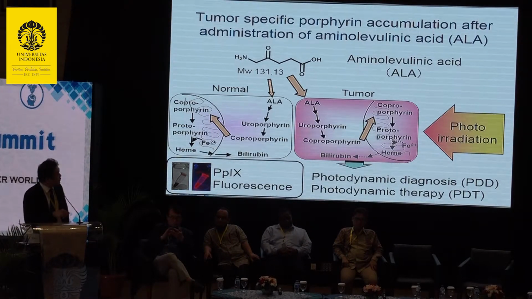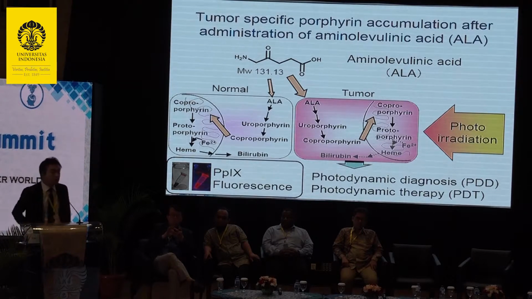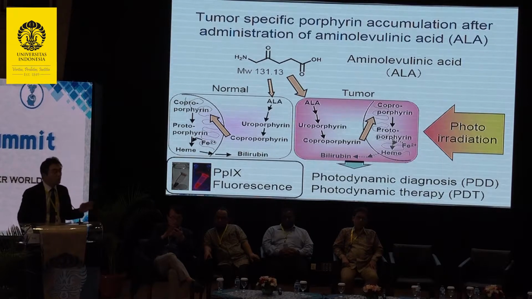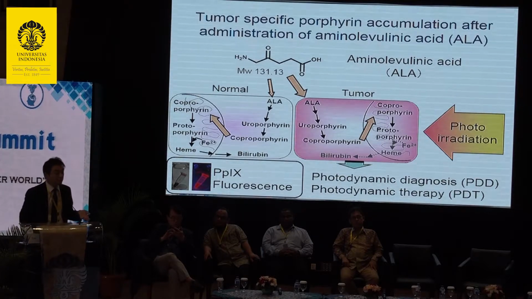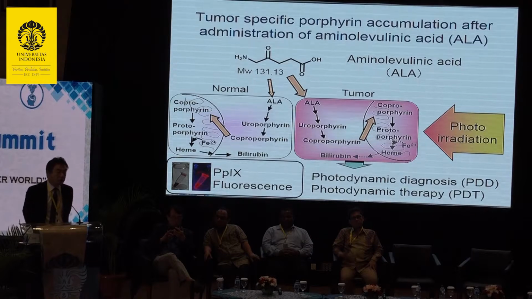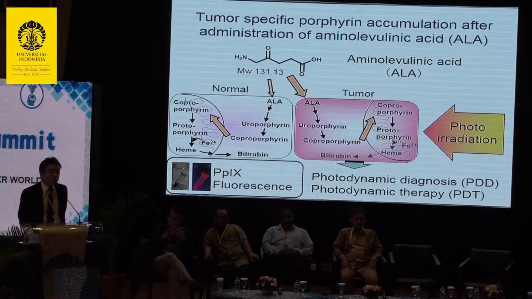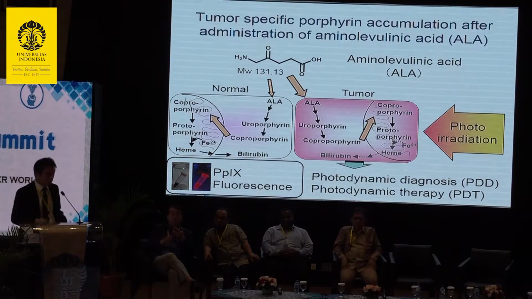In the case of the tumor, this porphyrin is accumulated, and we can detect the porphyrin fluorescence. So we can detect the tumor area using these techniques. Diagnosis is carried out in these systems. Today I'd like to show the details of the diagnosis system.